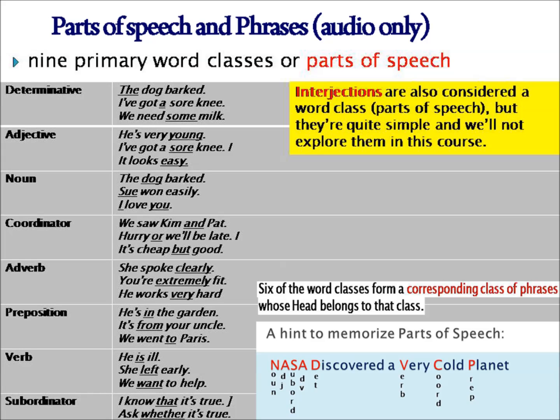The boss wants to see you. I have two noun phrases here. The boss working as the subject. What is the syntactic function of the boss in the sentence? Subject. Wants to see you.